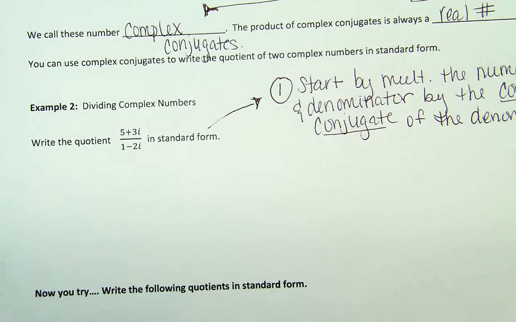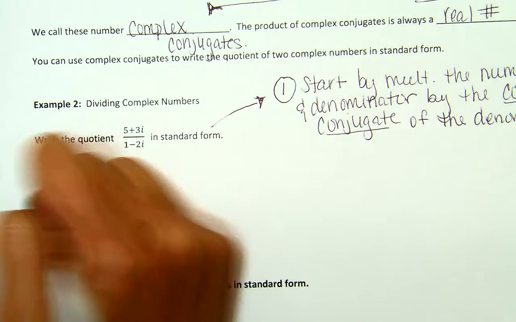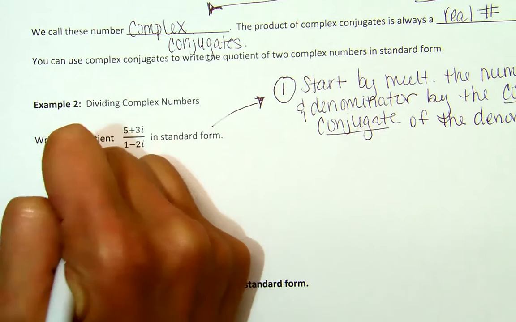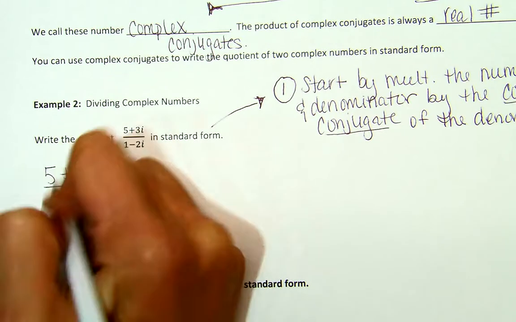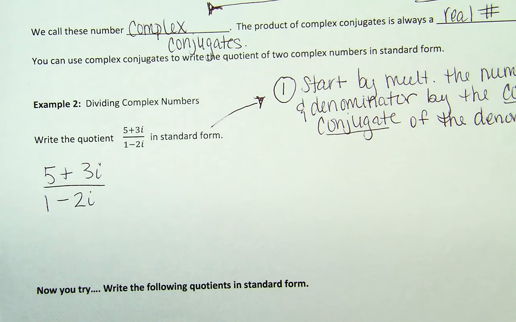So I'm going to go back over here to my original quotient, which is 5 plus 3i, all divided by 1 minus 2i. My first step has us finding the complex conjugate. In my denominator, I have 1 minus 2i. So my complex conjugate of my denominator, 1 minus 2i, is going to be 1 plus 2i.